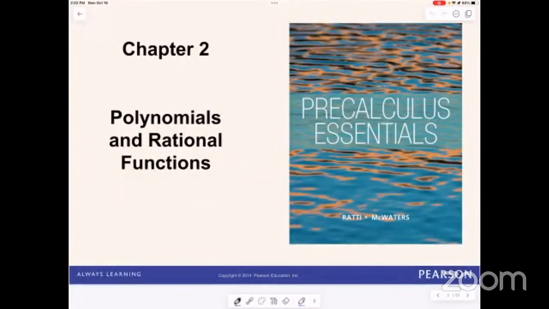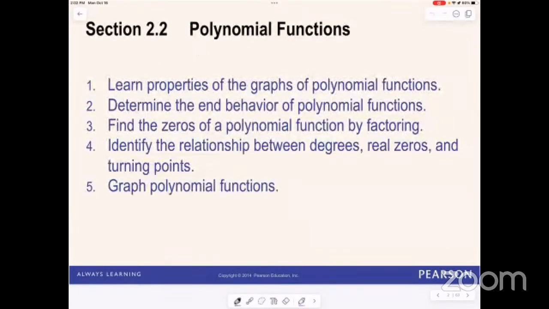Yeah, so we're working on chapter 2, polynomial and rational functions. Today we're going to start on section 2.2, polynomial functions. We'll get as far as we can together. On Wednesday, if you want to keep doing the lecture, we can, or we can go through as many homework questions together as we can.